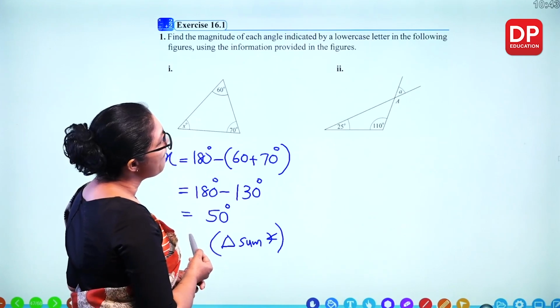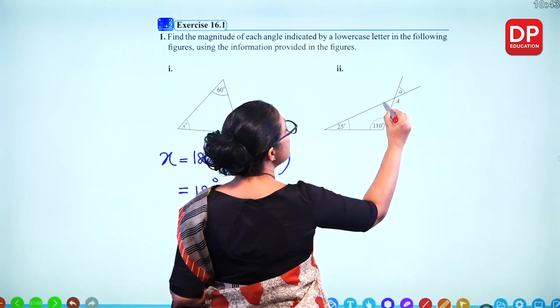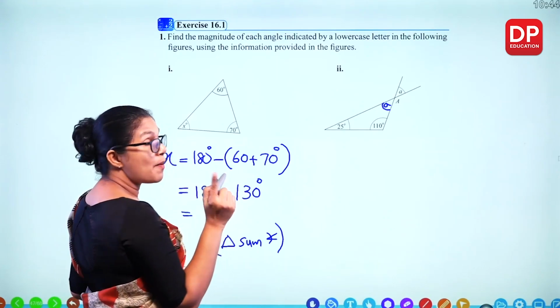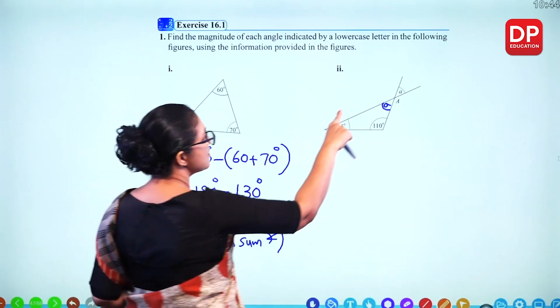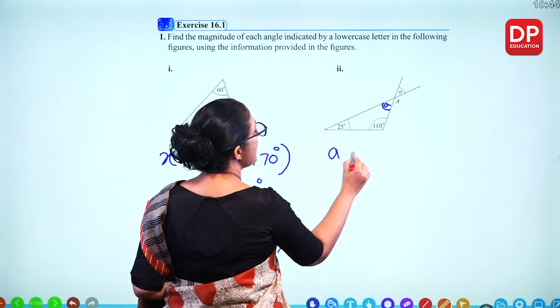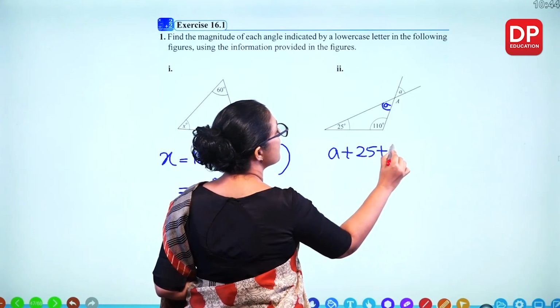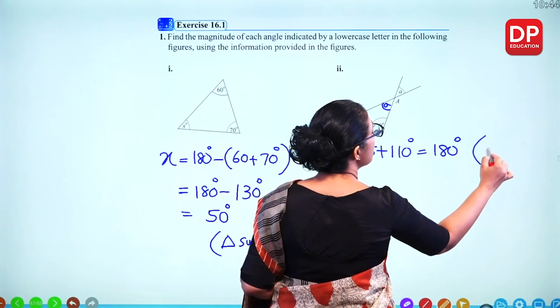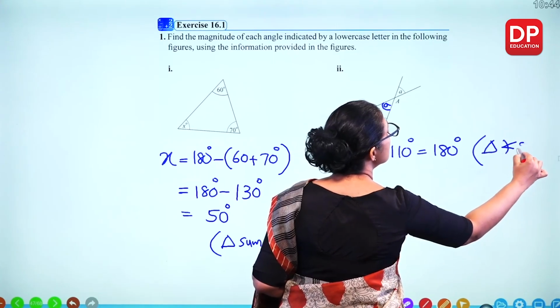This one. If this is A, this is also A. Vertically opposite angles. Now this is a triangle. You can write A plus 25 plus 110 is equal to 180. Angle sum of a triangle.